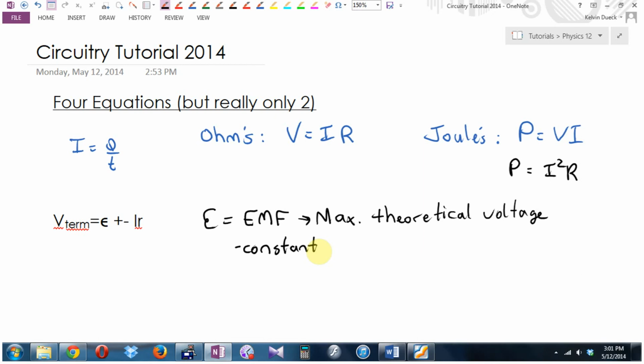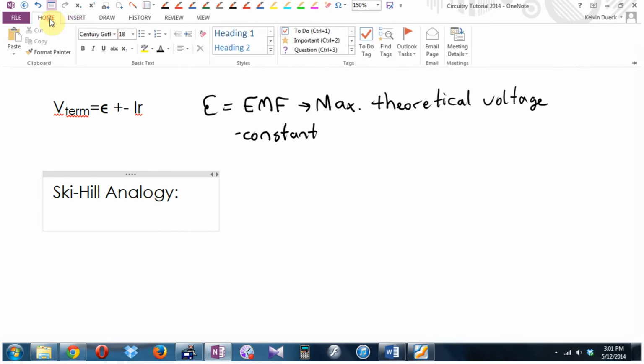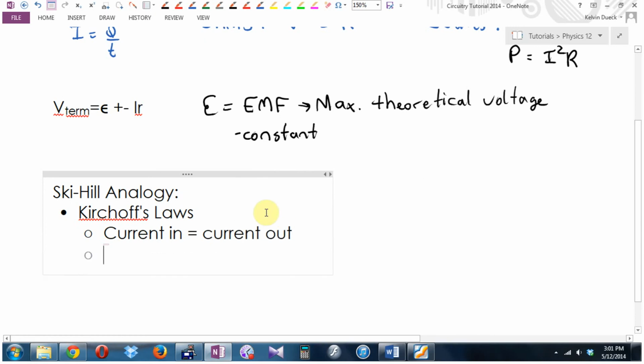Okay? Then we had our ski hill analogy. We had Kirchhoff's laws. Current in equals current out. And how do we say it for voltage?